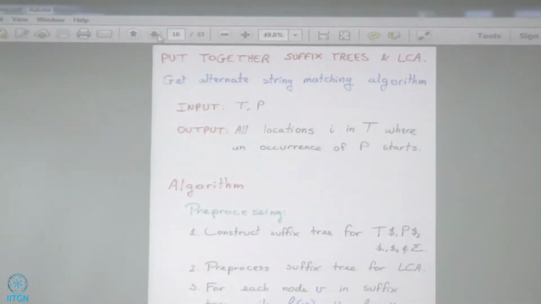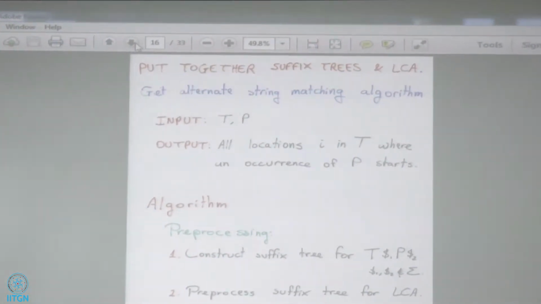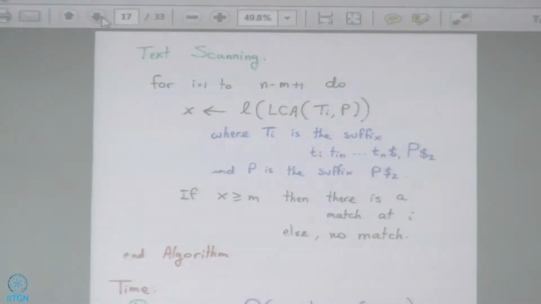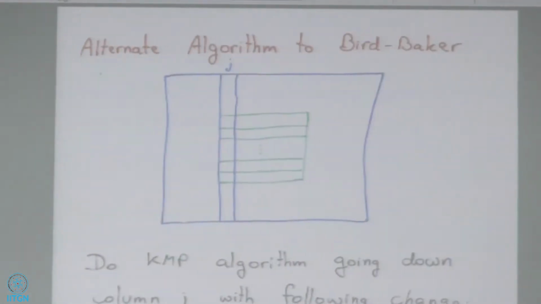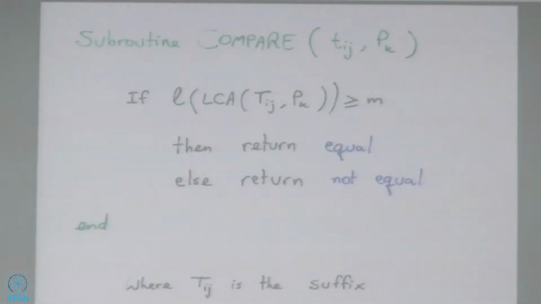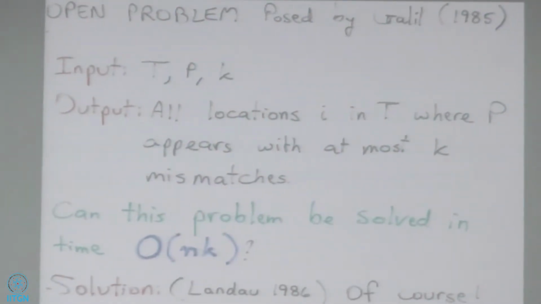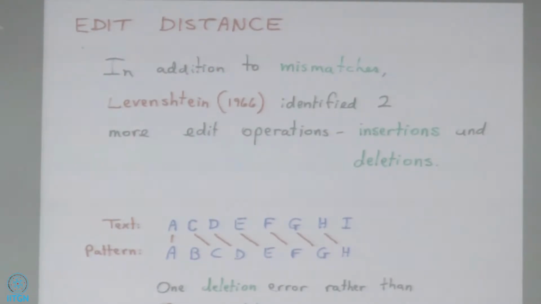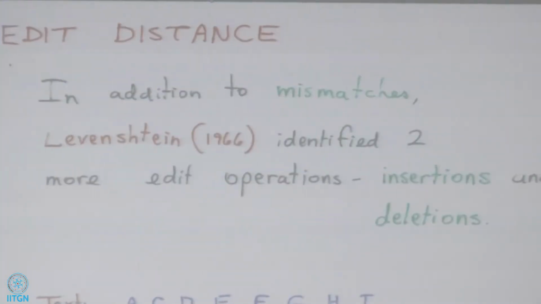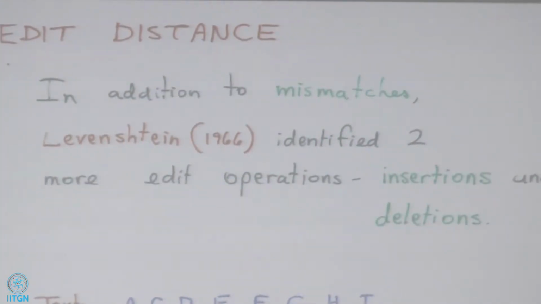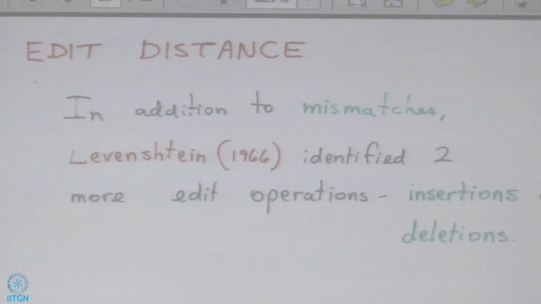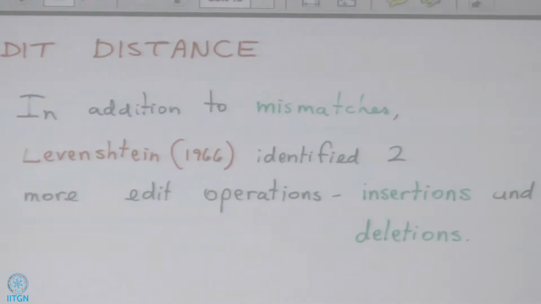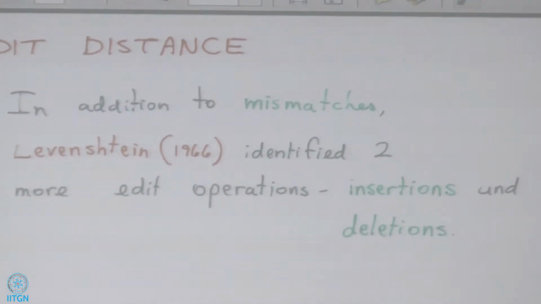Before I get to the algorithm of the lowest common ancestor, I want to do one more example. Okay, Bird and Baker we also saw. Okay, good. So here's where we are. So now I want to talk a little bit about the edit distance. I am still going to be using the lowest common ancestor, whose algorithm we're going to see next.